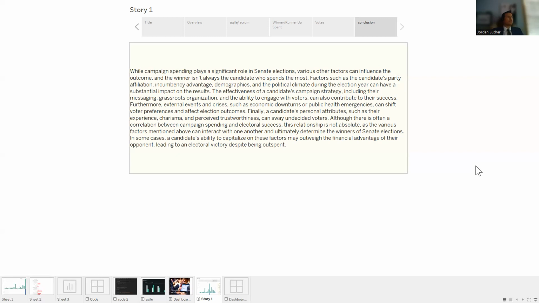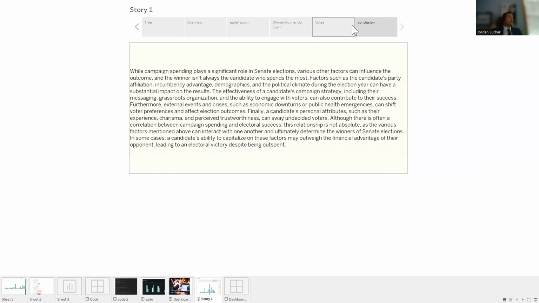Although there is often a correlation between campaign spending and electoral success, the relationship is not absolute, as the various factors mentioned above can interact with one another and ultimately determine the winner of Senate elections. In some cases, a candidate's ability to capitalize on these factors may outweigh the financial advantage of the opponent, leading to an electoral victory despite being outspent.